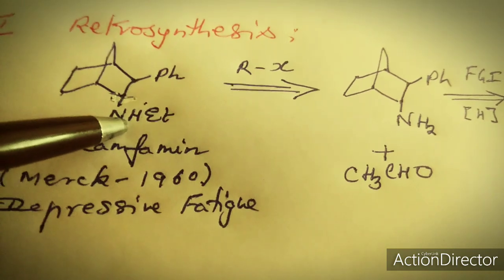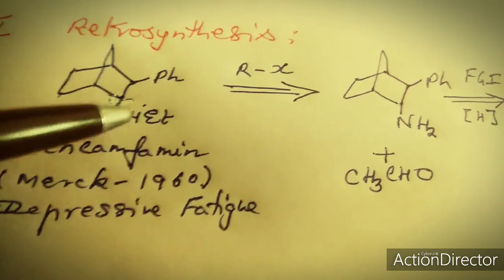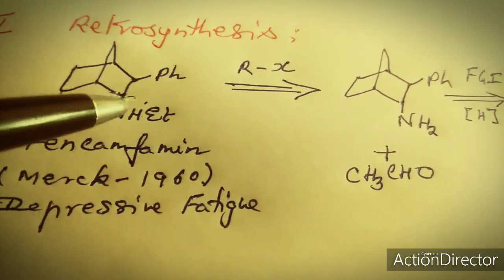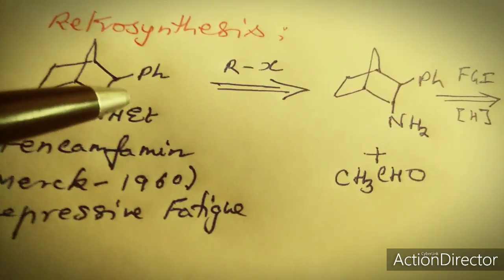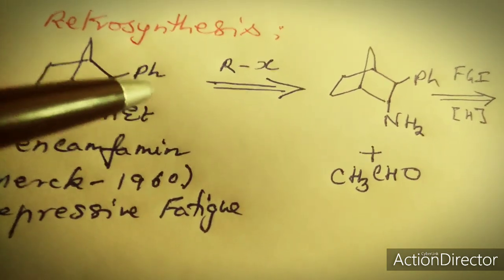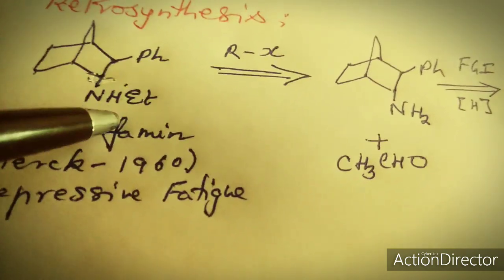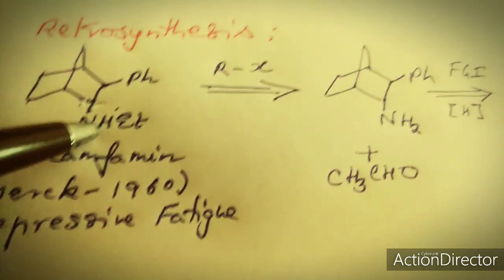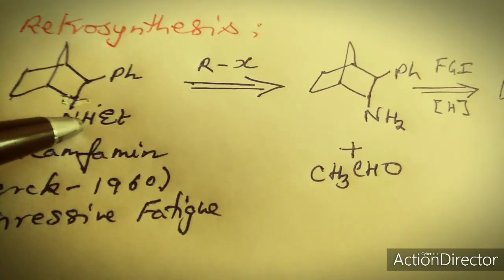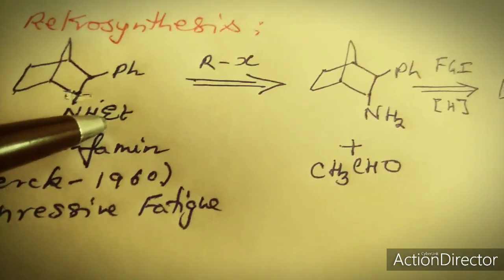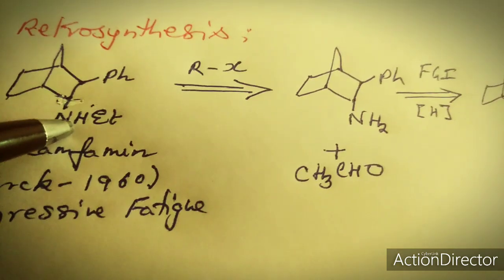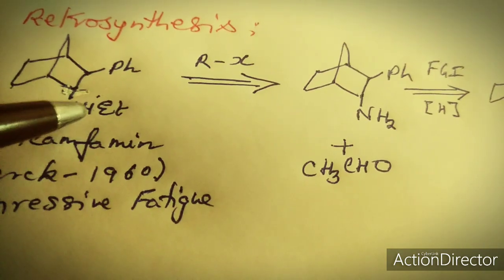So see, in this case, there is this NHEt at one end, at the 1,2 position of this ring. And this is the phenyl group. So what will we do? First of all, we will disconnect, because disconnection at the heteroatom is done at the first level. So we will disconnect this from this, C-X disconnection.